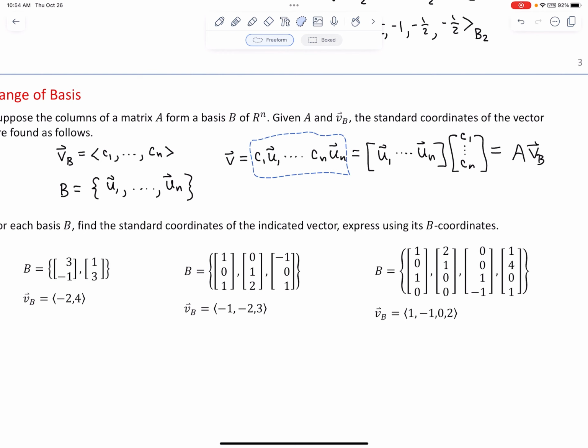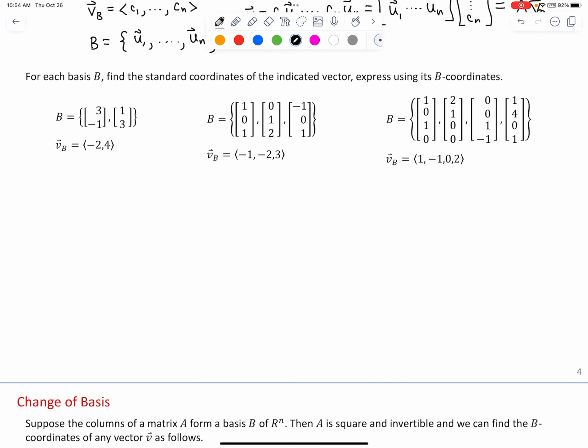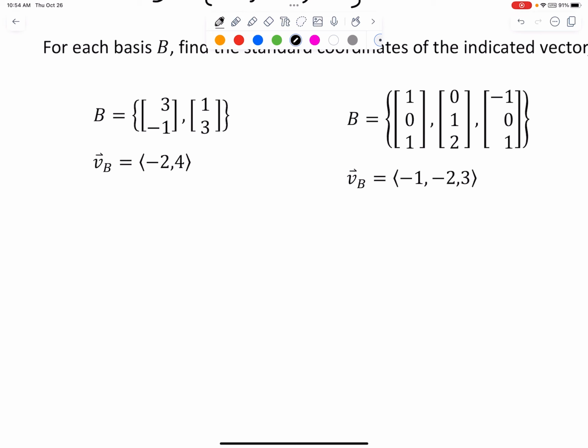In other words, just do this linear combination of the basis vectors to figure out what the standard coordinates are for this vector. For each basis B, find the standard coordinates of the indicated vector, which is expressed using its b coordinates. If the basis vectors are these two vectors here, and the b coordinates for the vector v are negative 2, 4, this simply means do negative 2 of the first basis vector plus 4 of the second basis vector.